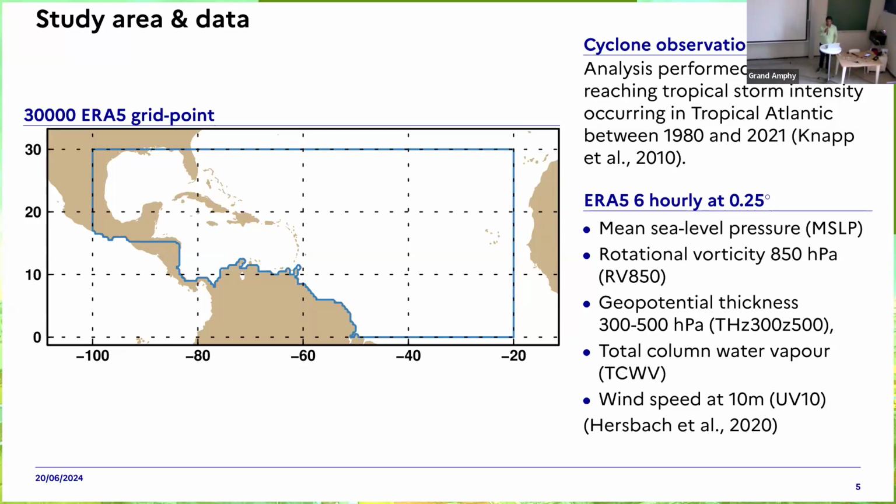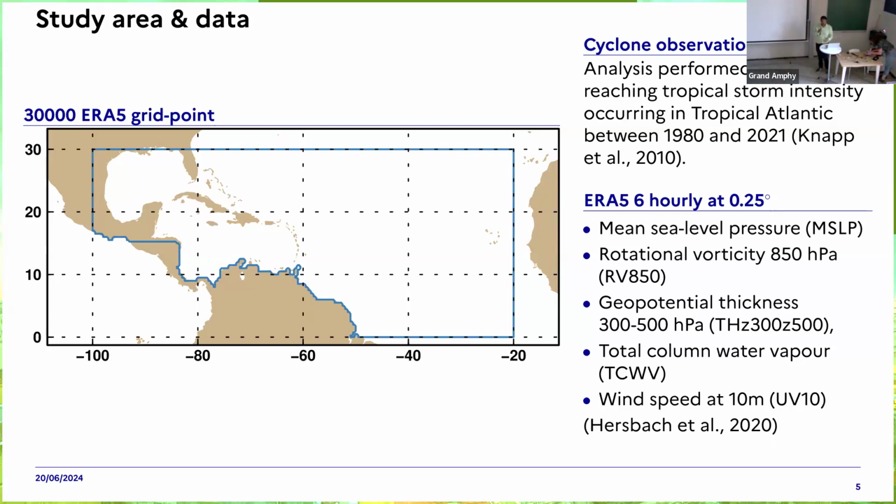So basically, these are the physical characteristics of the cyclone: the outflow, the shape, the intensity, and the position in space. Okay.